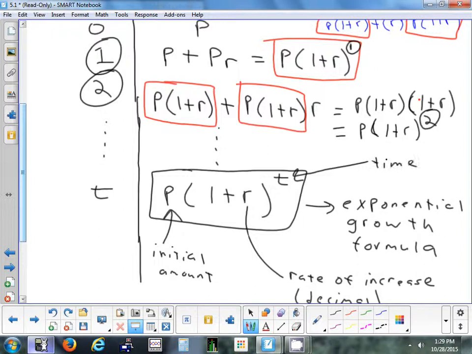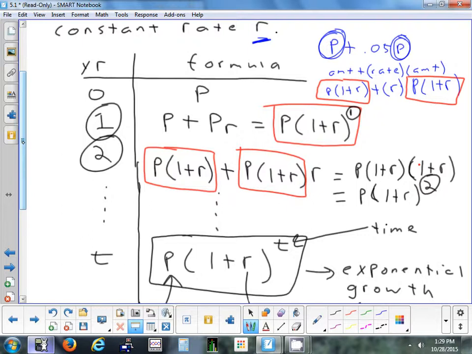Shannon? What happens to the R in the second one? Oh, in this part? Yeah. So when we factor out P times 1 plus R, this R is right there. This 1 comes from when we factor out this entire thing. Do you see what I mean?